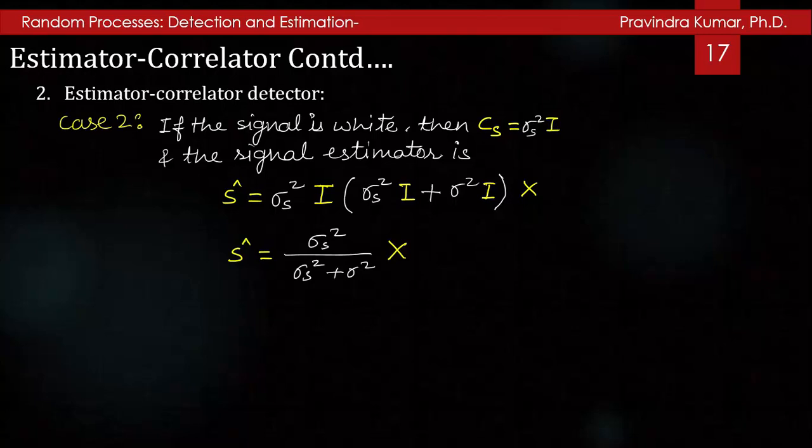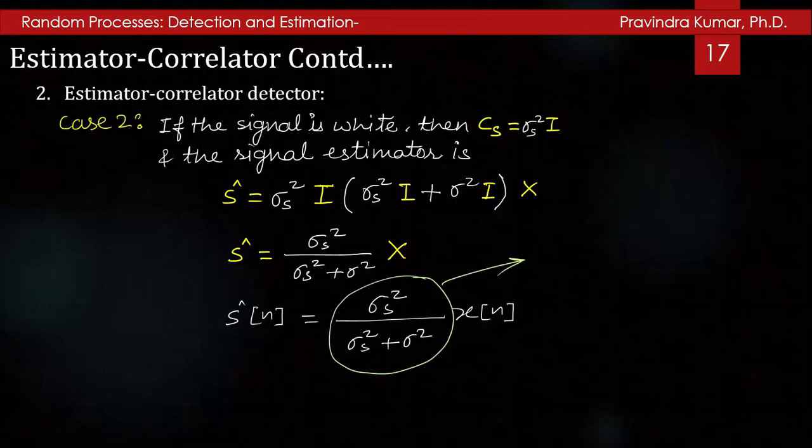From here you have S cap equal to sigma S square divided by sigma S square plus sigma square into x, or you can say S cap n is equal to sigma S square by (sigma S square plus sigma square) into xn. This is the scalar factor. This is a zero memory filter that weights the received data by the fixed scalar factor sigma S square by sigma S square plus sigma square.